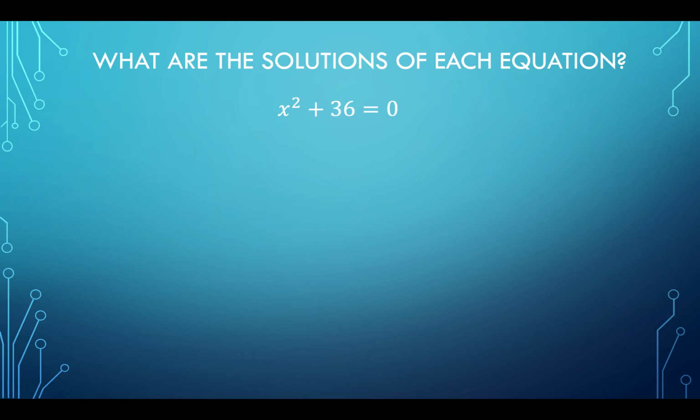How about this one? x squared plus 36 is equal to 0. We got to get that x squared by itself, so what are we going to do with that 36? We're going to subtract it from both sides. When we do that, we get x squared is equal to negative 36. Now we're going to take the square root of this number, and we get x is equal to the square root of negative 36.